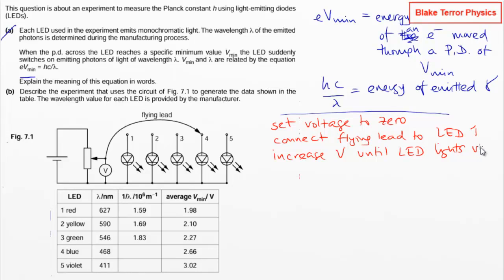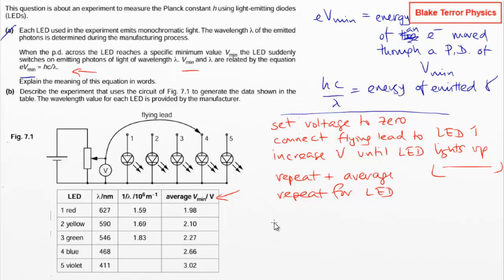When it lights up, this gives us our V min. This is when we're getting the first photons coming out, so we can use this equation. Then we repeat and take an average, because that's what they've put in the table, and then we repeat for each LED. And we've got a whole table of data then.